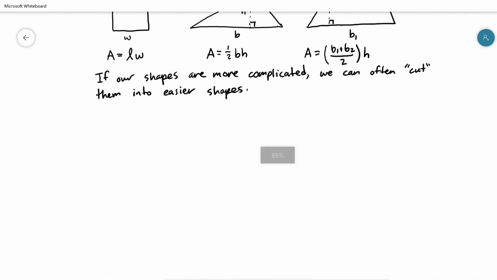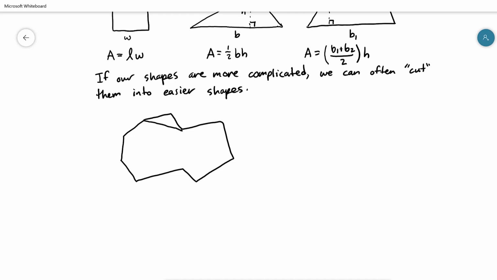So all I mean by this is if I give you some weird shape, and this is the shape that I want to find the area of, we can cut this weird shape up into triangles, for example.